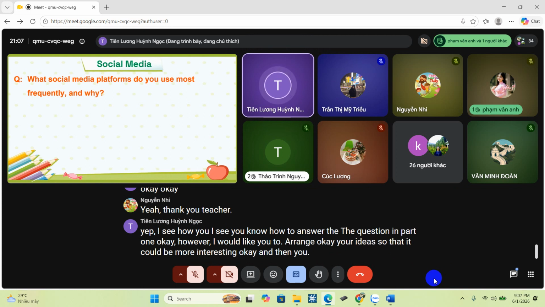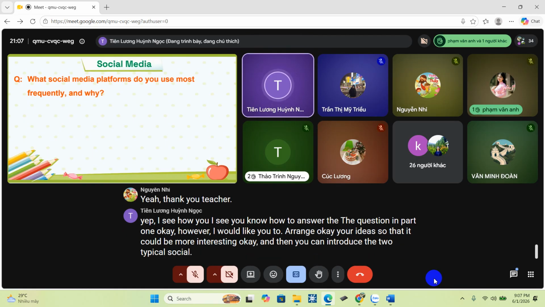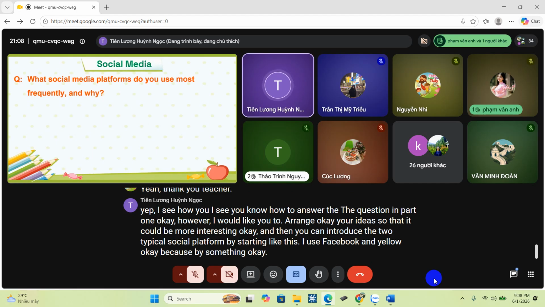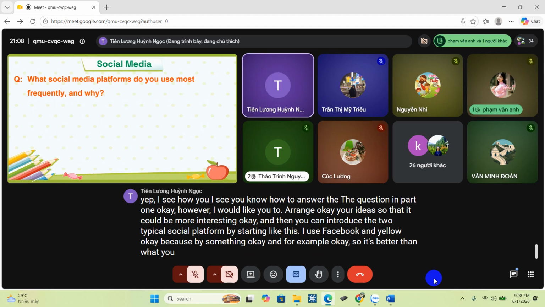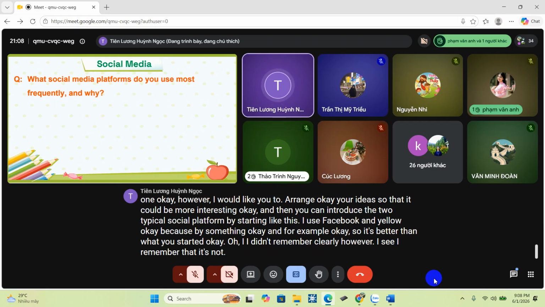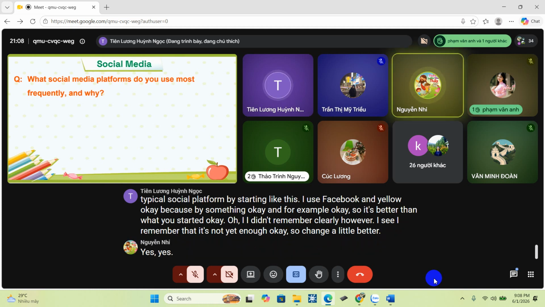You can introduce the two typical social platforms by starting like this: I use Facebook and Zalo because they something, and for example, and so on. It's better than what you started with. I didn't remember clearly, however, I remember that it's not good enough, so change a little bit. Yes, thank you, teacher.